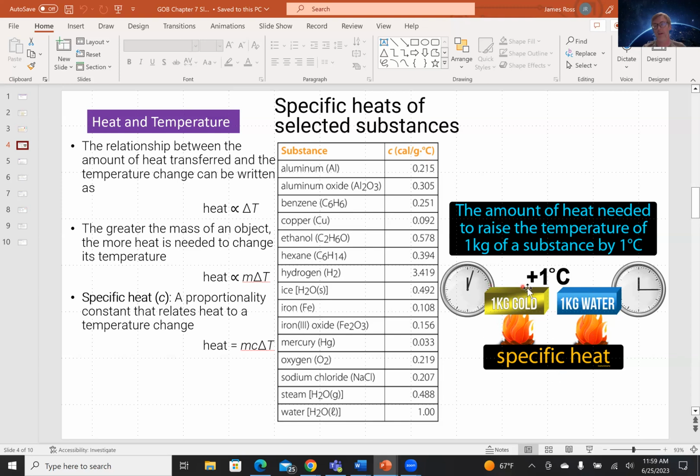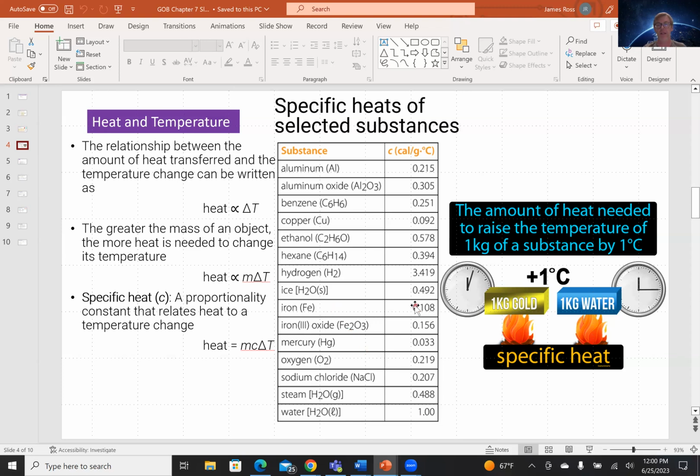If we look at this cartoon here, this is comparing gold with water. Now, gold, I actually don't see on here, but we can kind of imagine what it would be like, because we can see that the metals have values much lower than water. Mercury is a metal, value much lower than water.